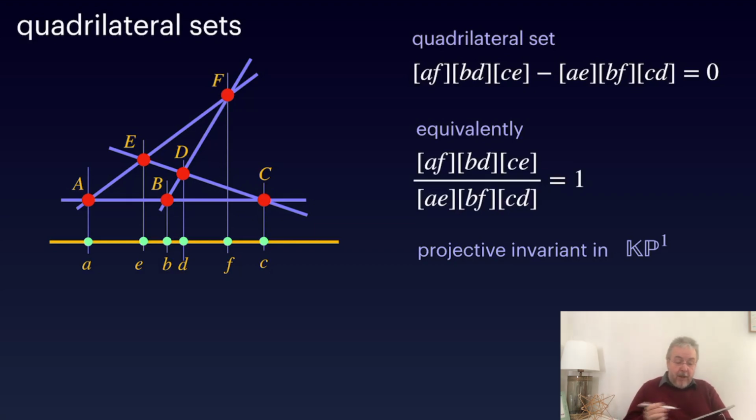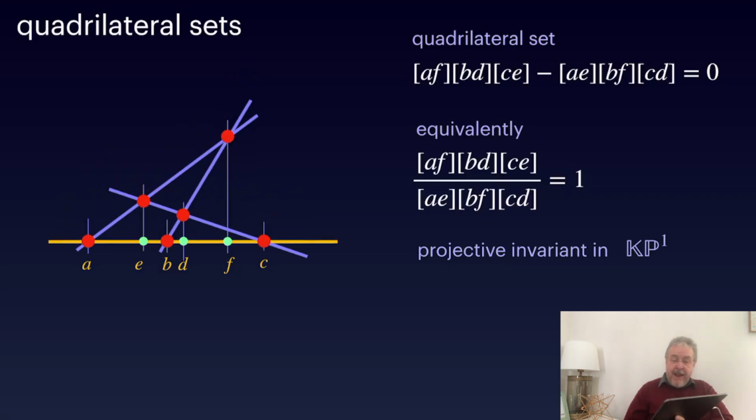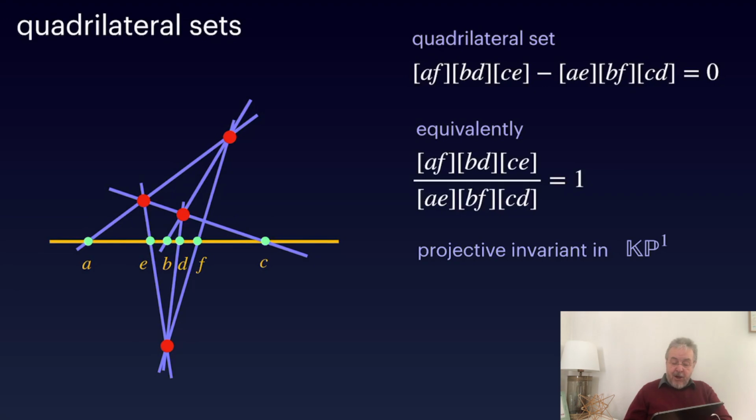So if they are parallel and we don't care about shifts in that direction, we could even go one step further and identify those two lines. We learned that things are projectively invariant, so instead of considering orthogonal projection here, we could also consider central projection and end up with this picture and still have a quadrilateral set here.